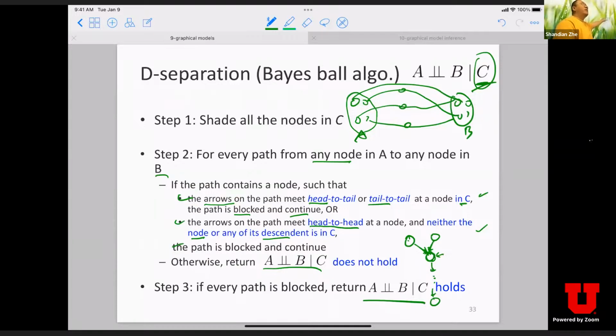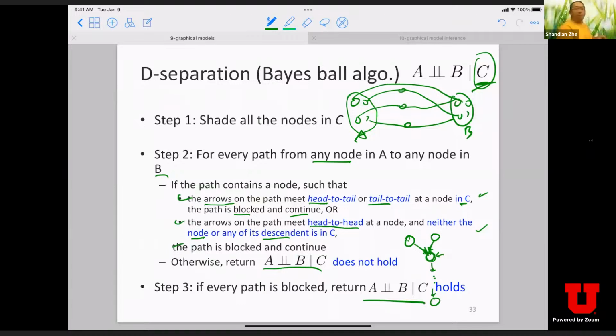So if every path turns out to be blocked, meaning that your small ball cannot go through any path from any node in A to any node in B, then we claim A and B are conditionally independent given C. However, if your small ball can go through any path, then the conditional independence doesn't hold. Does it make sense?